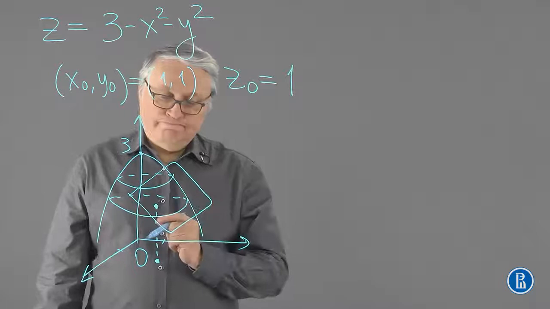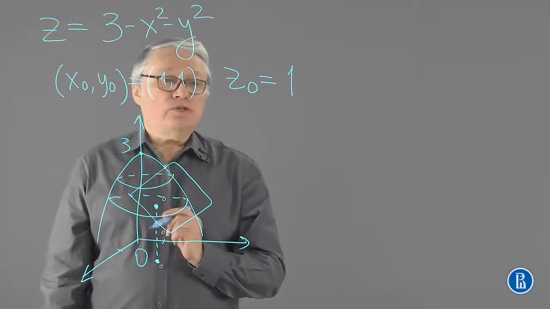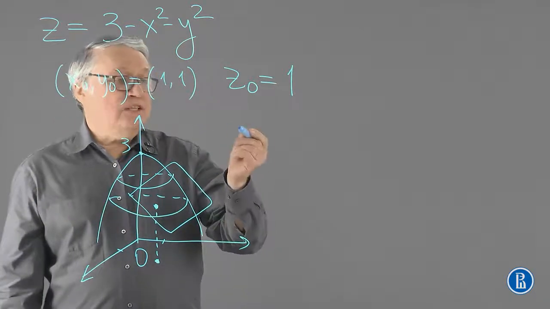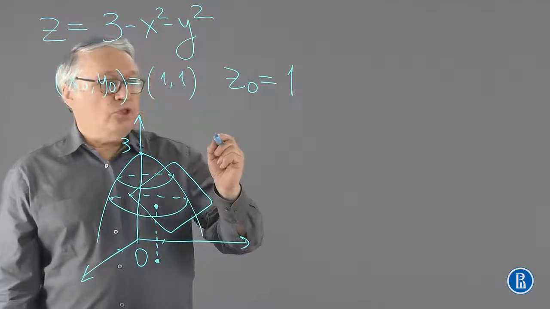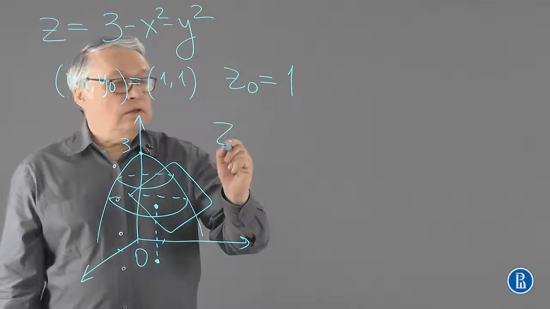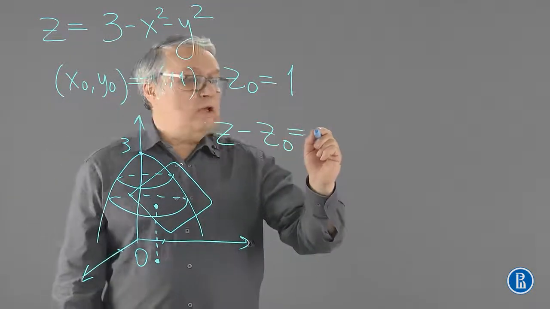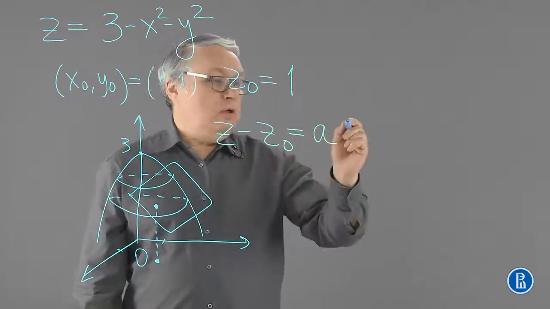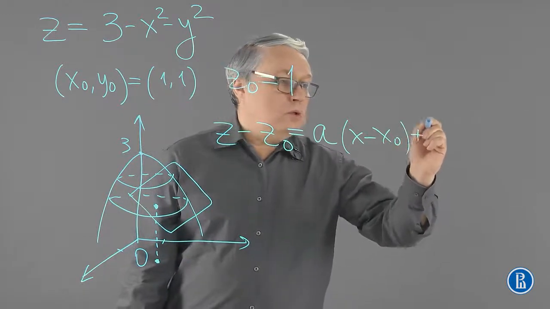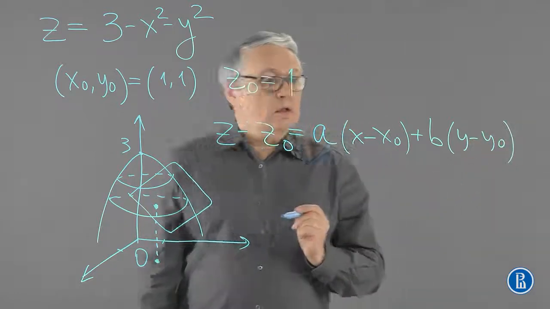We need to refresh some ideas about planes in 3D. So a Cartesian equation of such a plane can look like z minus z0 equals a times (x minus x0) plus b times (y minus y0), where a and b are numbers.